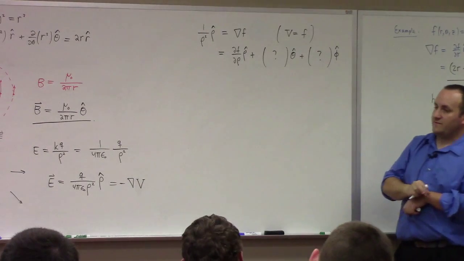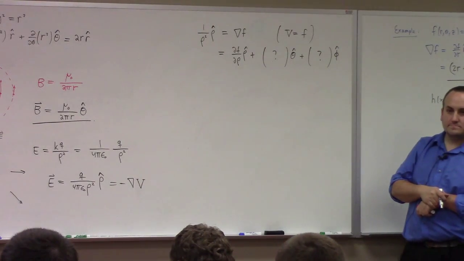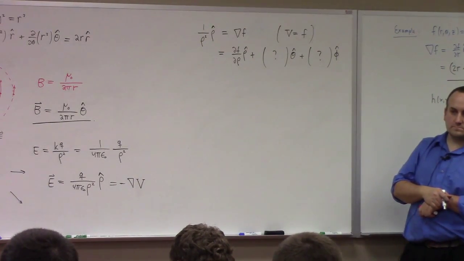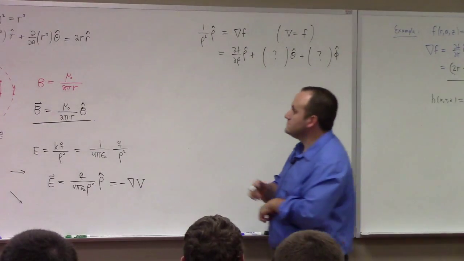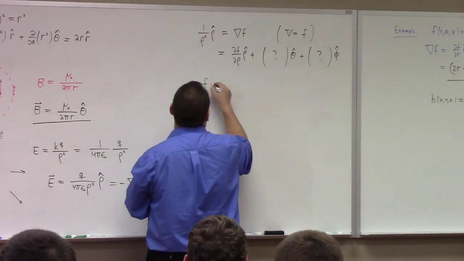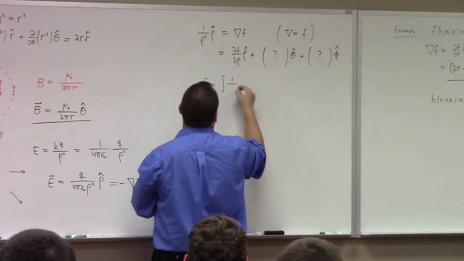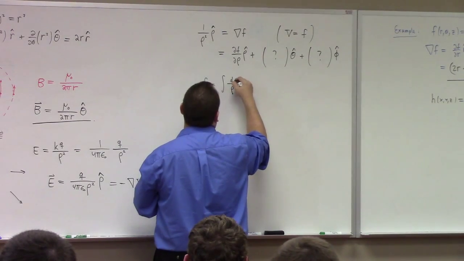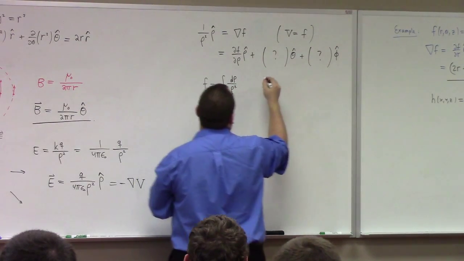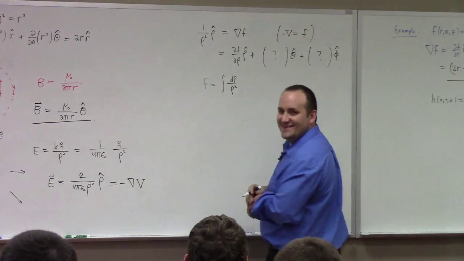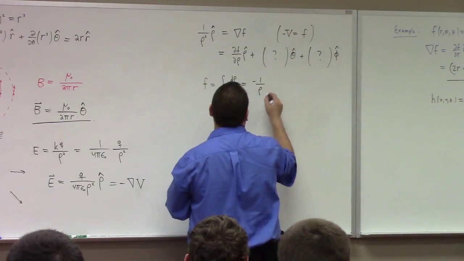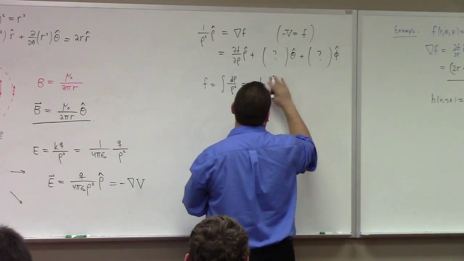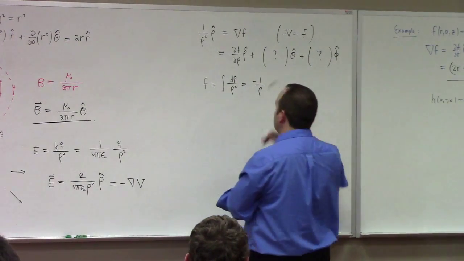So what would f be? Yeah, f is basically just the integral of 1 over rho squared d rho. Oh, minus, sorry. And so this is what? Minus 1 over rho, right? Plus some constant. But we'll just set the constant to 0 because we can.